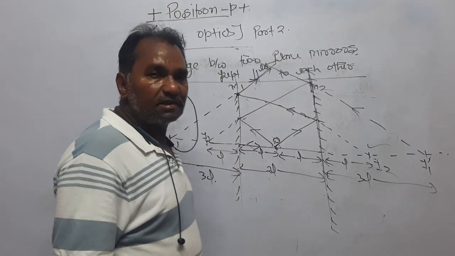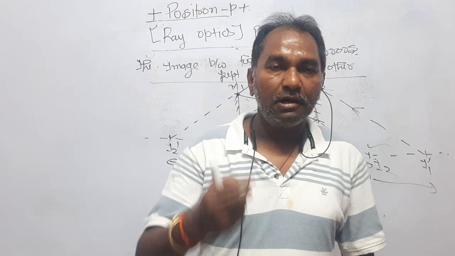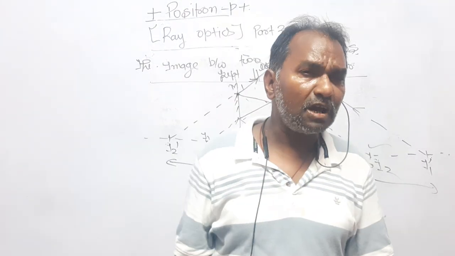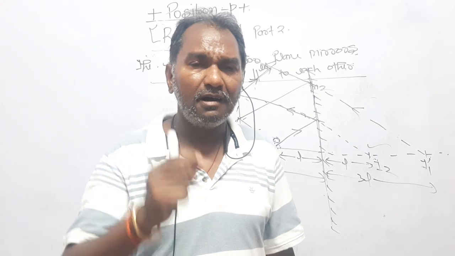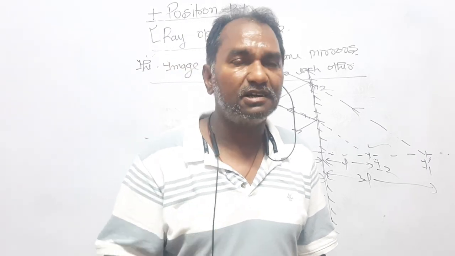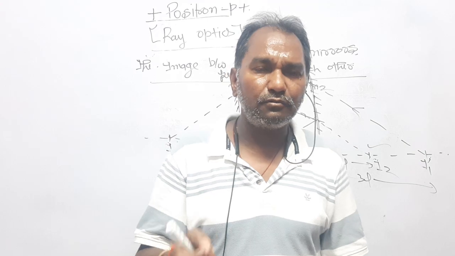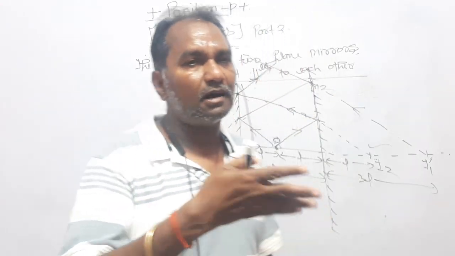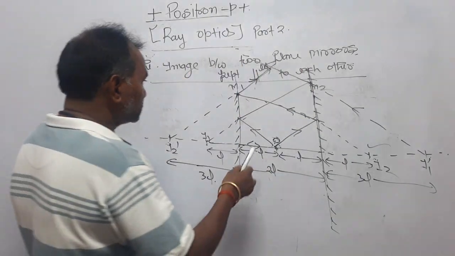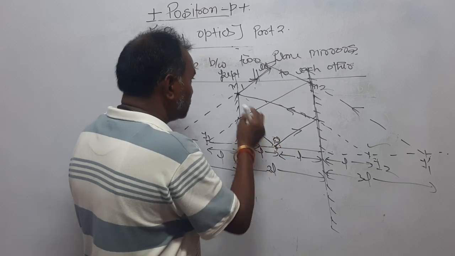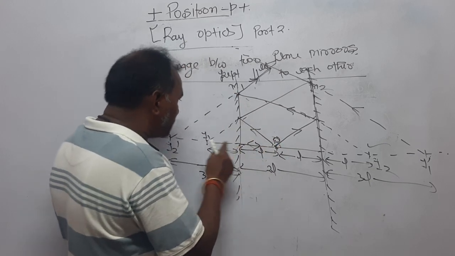Now, I have said even initially that the image made by a plane mirror is virtual. And what is virtual? The two rays do not intersect really, but virtually you have to produce them in order to intersect. Now, the image of object O is made by M1 at L distance away.